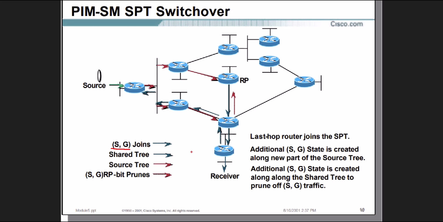By default on Cisco routers, this threshold is actually 0, which means once the receiver has joined this group and started receiving the traffic, it will perform the switchover immediately.